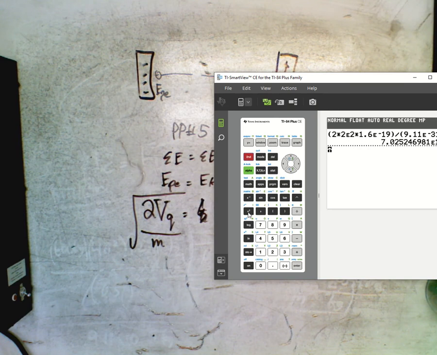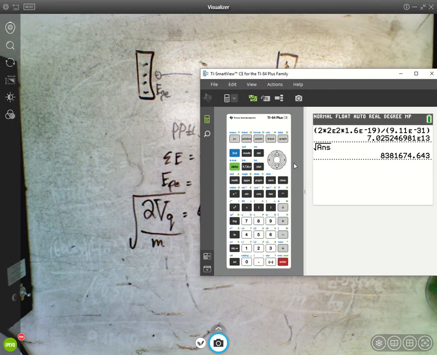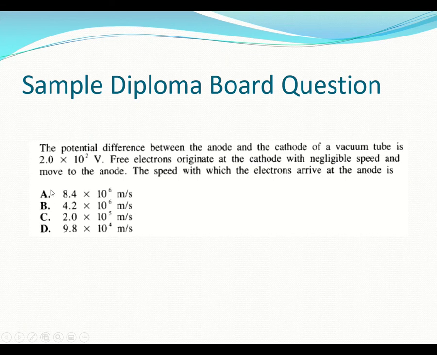Remember to square root that, because otherwise you'll always get an answer bigger than the speed of light. We get 8.38 times 10 to the 5, so 8.4 times 10 to the 6. So A becomes the correct answer.